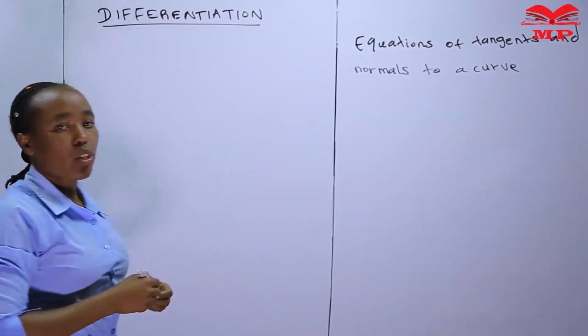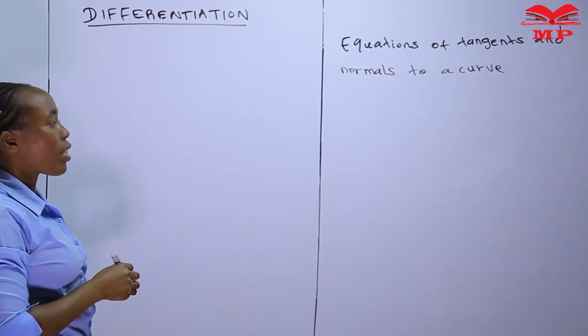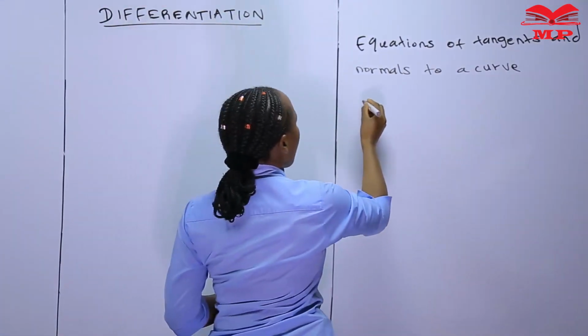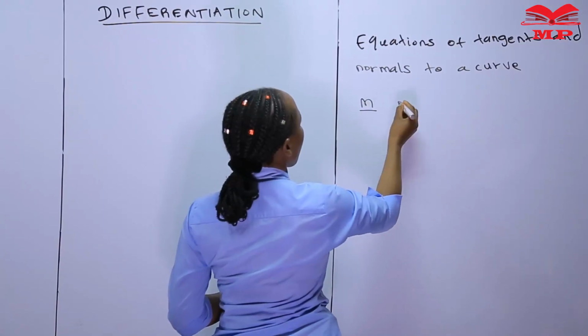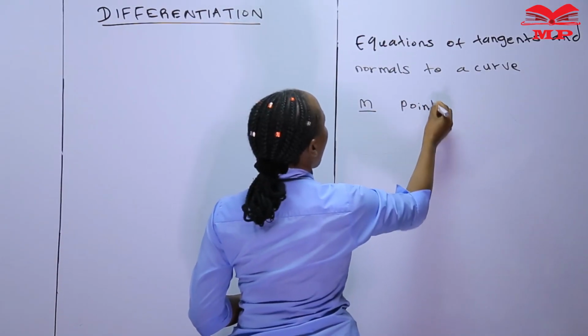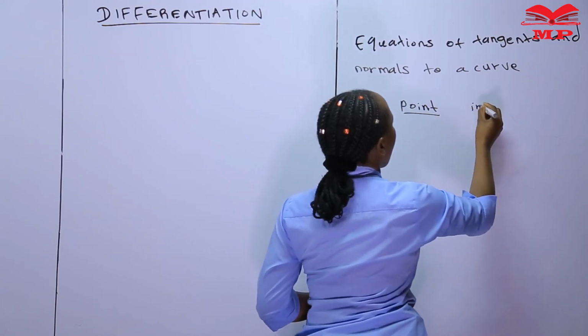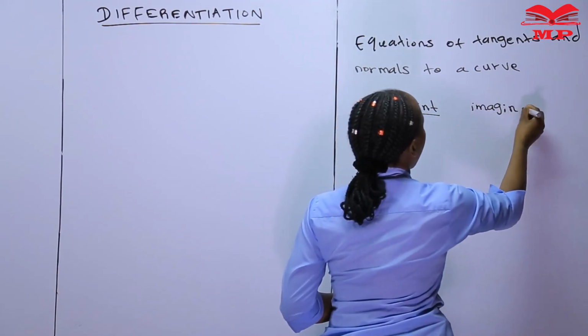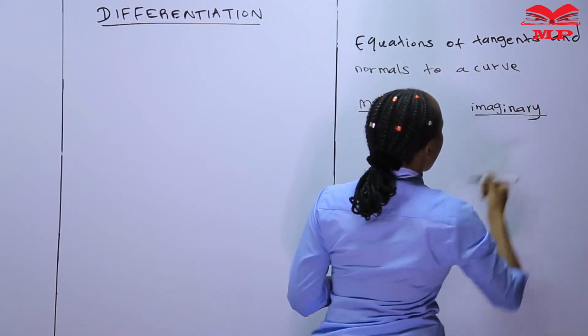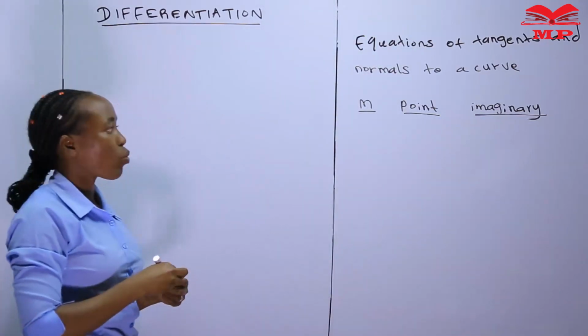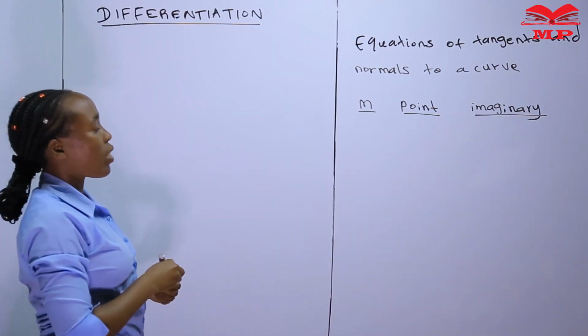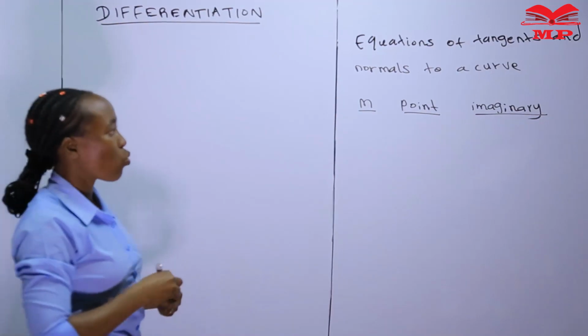To get the equations of the tangents and the normals, remember we said we require to have the gradient, we also require to have a point, and we also require to have an imaginary point. With this, one is able to get the equation of the tangent or of the normal to a curve.